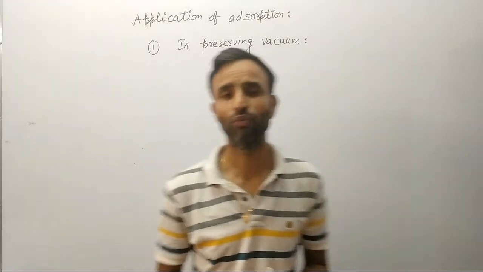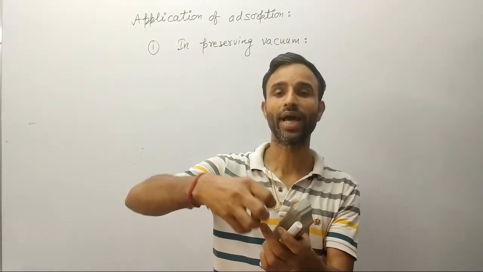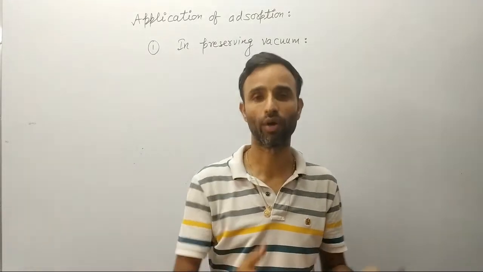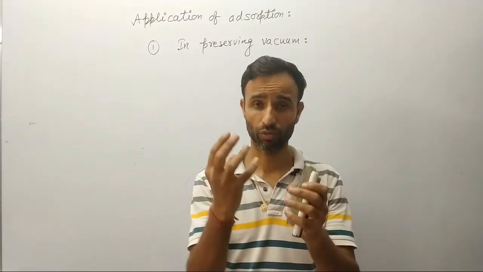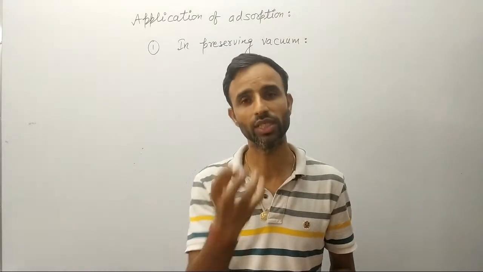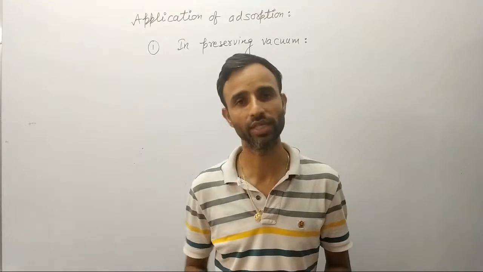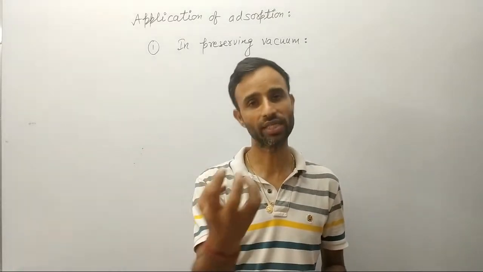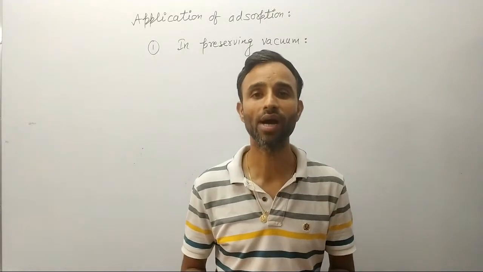Like if we attach a vacuum pump to remove gas or vapors from the container, after that there are traces of gases inside. In order to remove those traces of gases, we add adsorbent so that those gases are adsorbed on its surface and therefore there is an ultra vacuum.